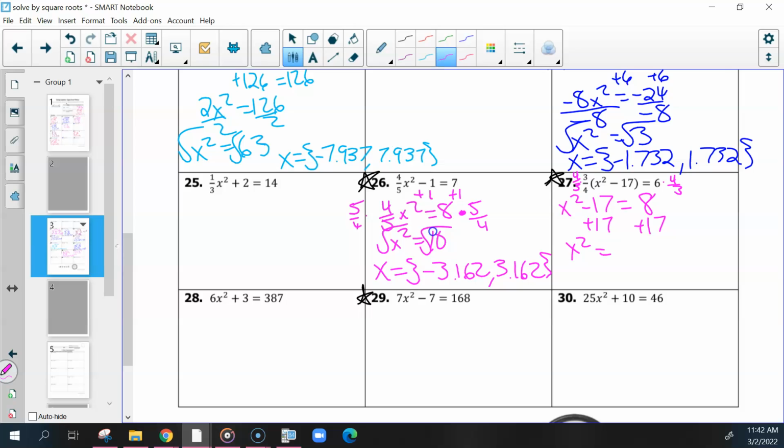And 8 plus 17 is 25. Back to 25. So we're back at a perfect square. So that would be 5 and -5.